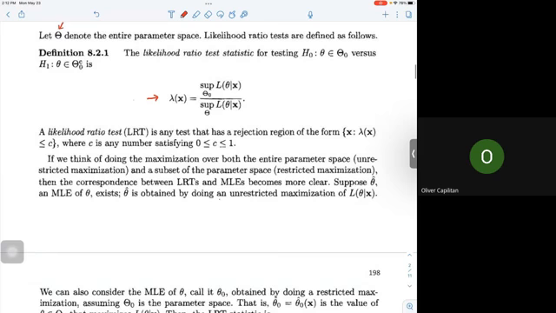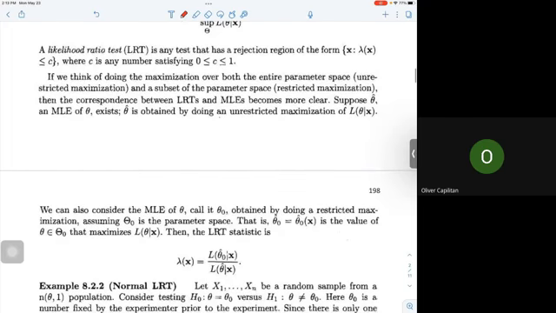Suppose that theta hat, the maximum likelihood estimate of our parameter theta, exists, and theta hat is obtained by doing the unrestricted maximization over the likelihood function. Then we can also consider another maximum likelihood estimate of our parameter theta.